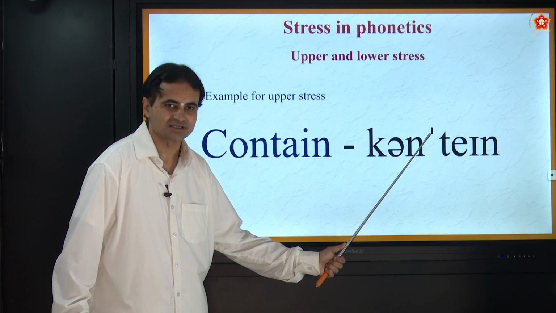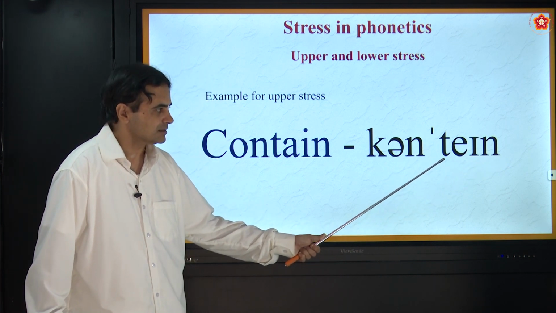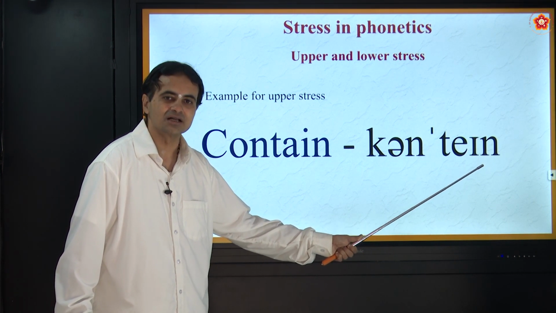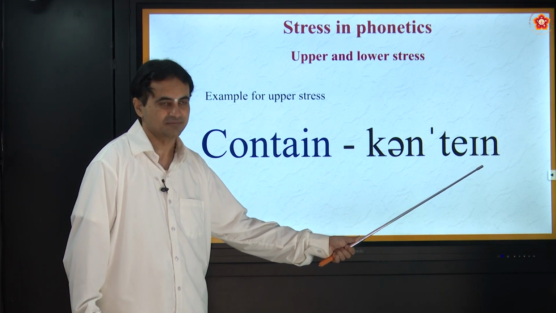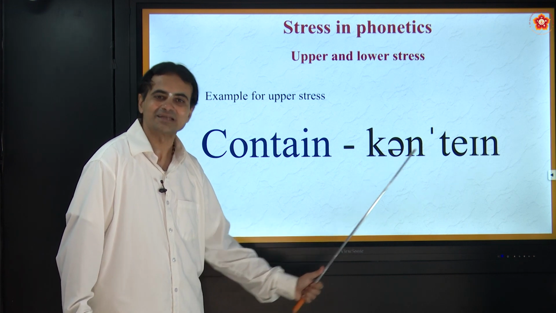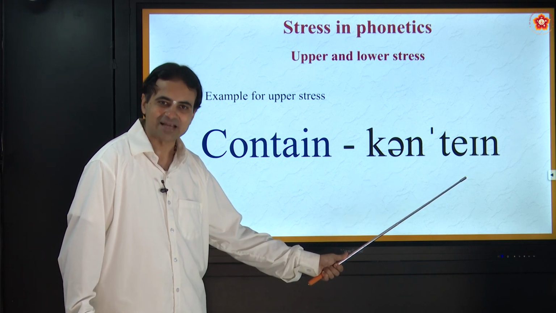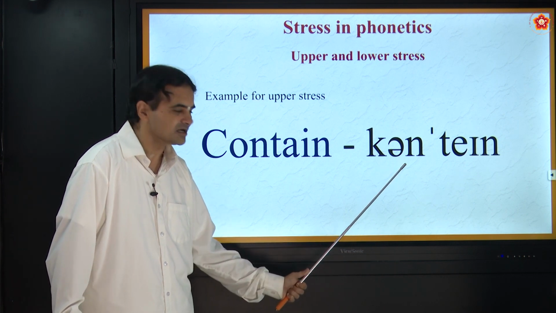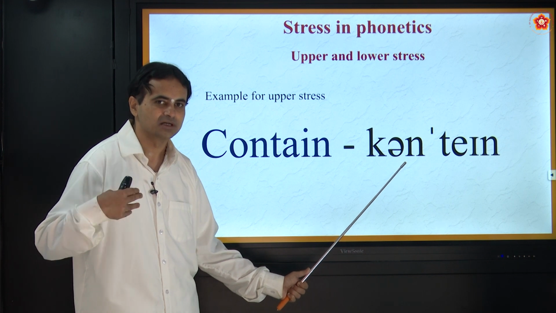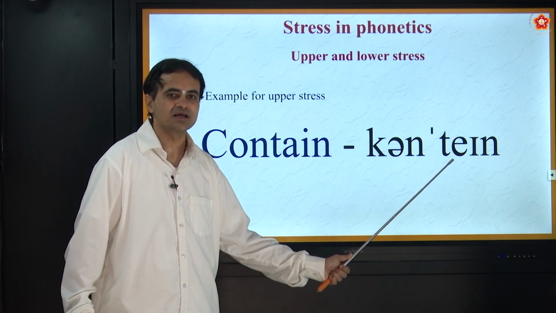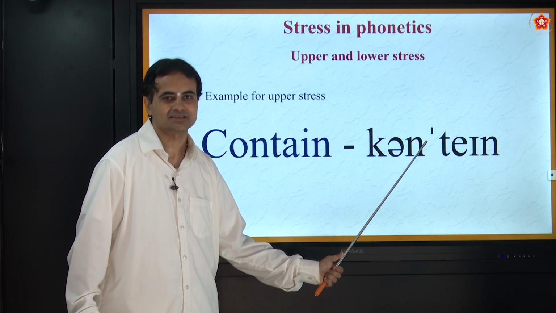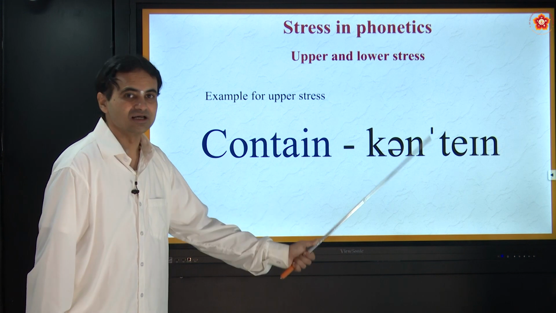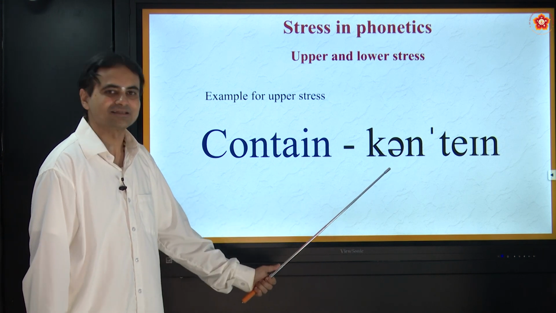This syllable, tain, is heard very clearly and we should stress and speak here. So how to pronounce this? Contain, contain. This is not heard much, it is almost swallowed, whereas this is heard very clearly. Therefore, this is upper stress. So wherever there is upper stress, we have to pronounce strongly, clearly, loudly. Contain.